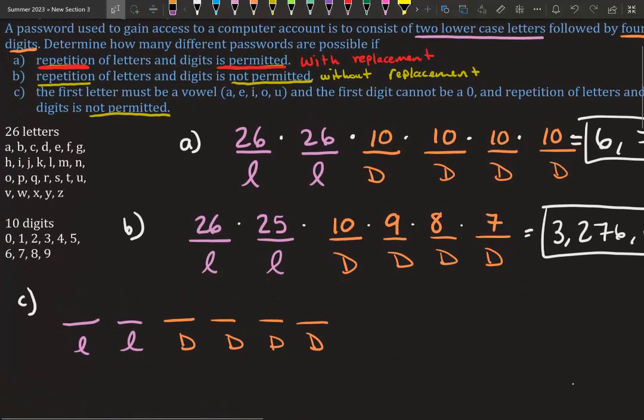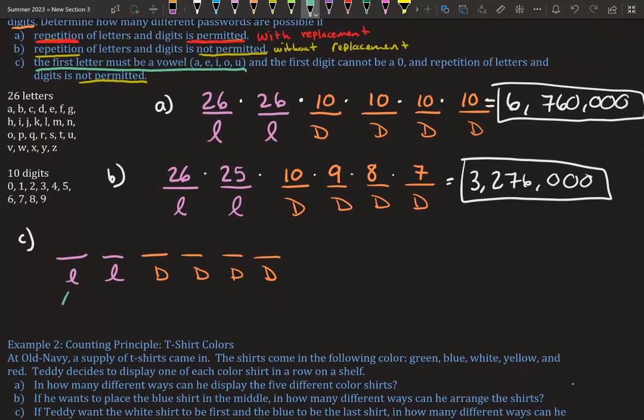It says the first letter must be A, E, I, O, or U. So the first one must be A-E-I-O-U. Then it told us that the first digit cannot be 0. And repetition is not permitted.